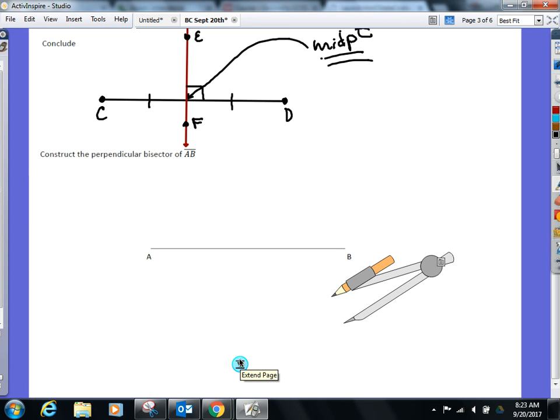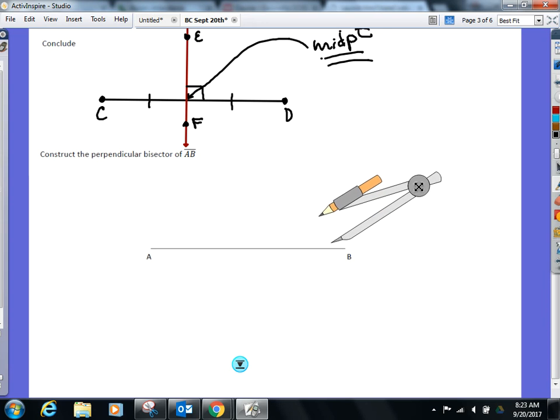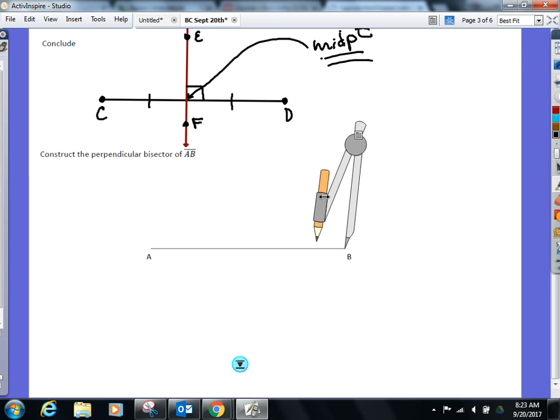Because I am not going to show you a new construction of the perpendicular bisector. Where does the perpendicular bisector go through again? The midpoint of the segment. Have we gone over how to find a midpoint using constructions? It was on your quiz and we reviewed it. How do I find the midpoint again? Put your compass point on one of the endpoints. Open it up more than halfway. Yep, more than half the distance of the line segment.